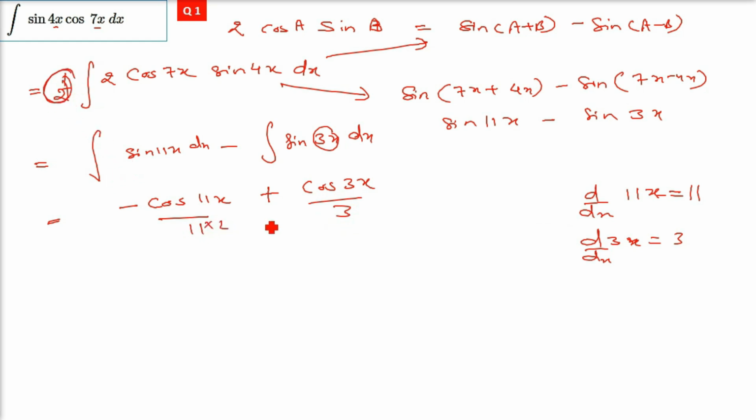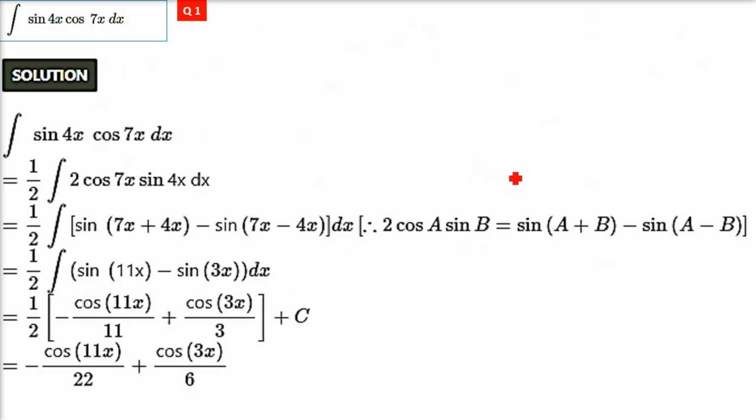Just multiply 2 in the denominator. What do you get? It's minus cos 11x divided by 22, 11 into 2 is 22, plus cos 3x divided by 3 into 2, that is 6, along with the constant of integration. So this is the formula I was talking about, 2 cos A sin B.